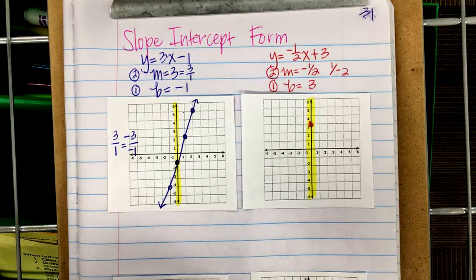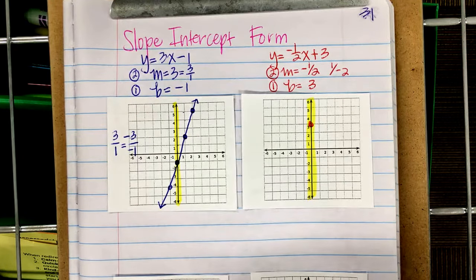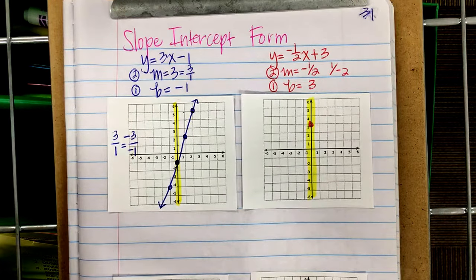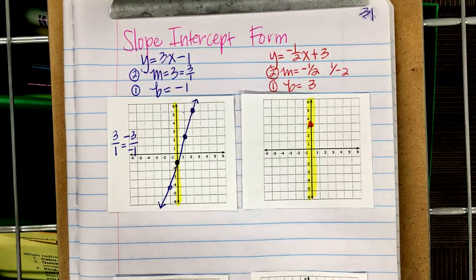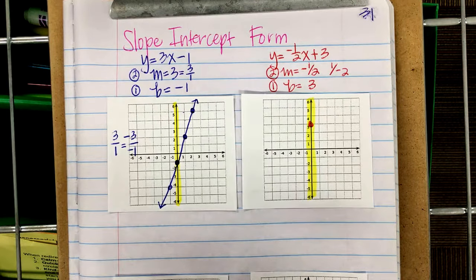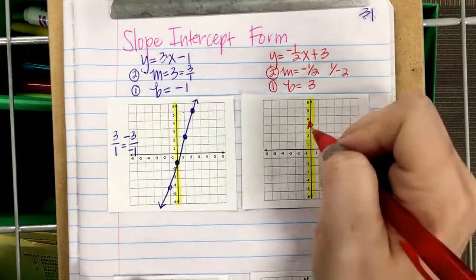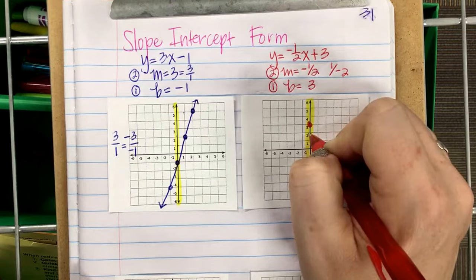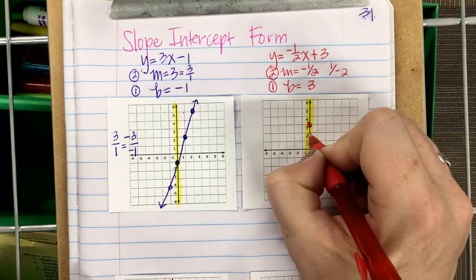What does that mean? Rise over run. What does -1 over 2 mean? How do you rise -1? You go down 1. Instead of up, you go down because it's -1 over 2.